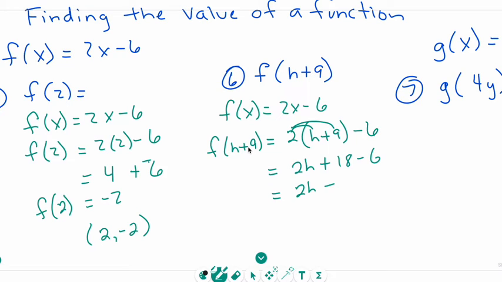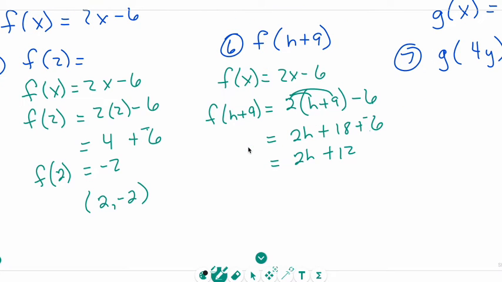2h plus, when do I subtract? Never. What do I do instead? Keep, change, change. So positive 18 and negative 6 leaves me with positive 12. Clean up that 6 there. Okay. All right.